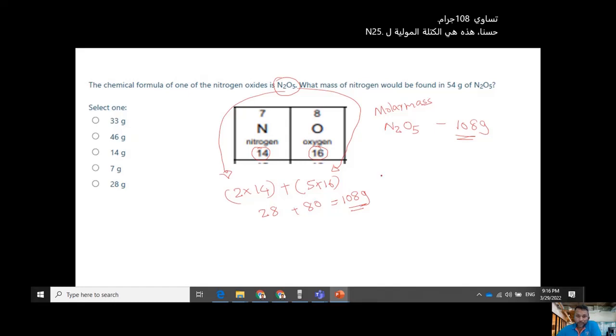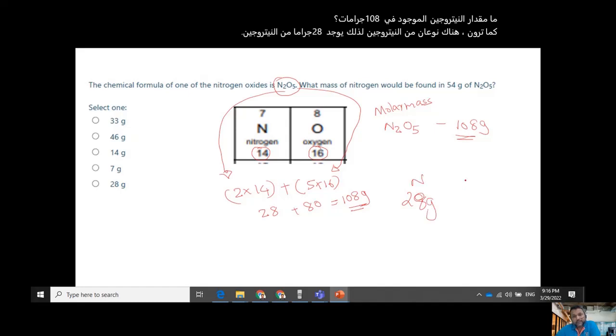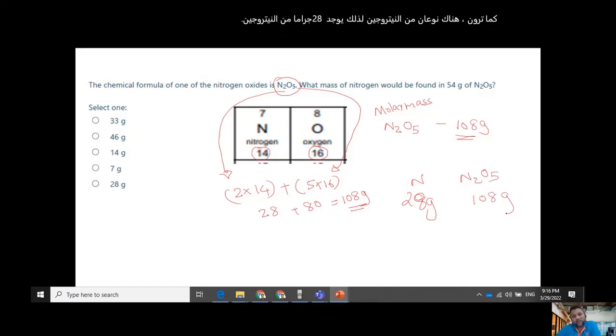Now let us see how much nitrogen is there in 108 grams. You see there are 2 nitrogen, so 28 grams of nitrogen is present in 108 grams of N2O5. The question is asking for 54 grams of N2O5.